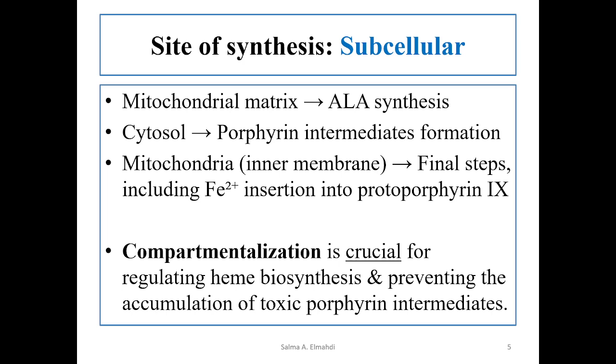The first step, ALA synthesis, we will shortly know what is meant by ALA. It occurs in the mitochondrial matrix. Subsequent steps occur in the cytosol, particularly porphyrin intermediates formation, and then again in the mitochondrial inner membrane, the final steps, particularly where iron is inserted into the final intermediates of heme synthesis, so porphyrin 9.